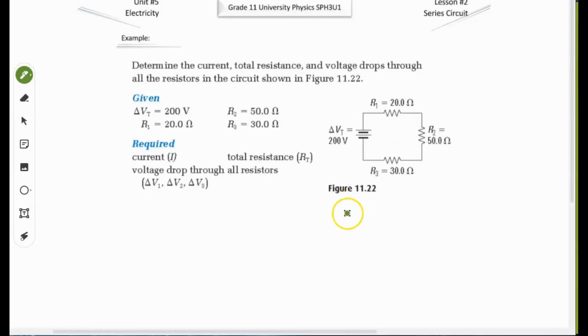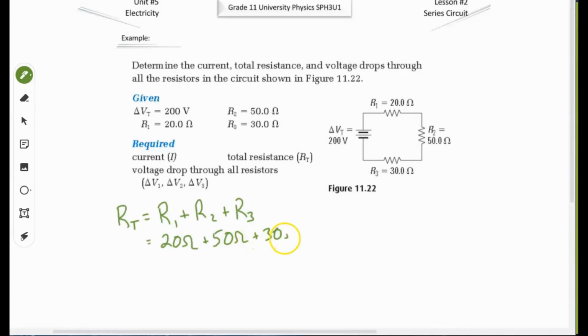Alright, so first thing, we can figure out total resistance. Because total resistance is just the sum of all the resistors in series. So R1 plus R2 plus R3. Where in this case we have 20 ohms plus 50 ohms plus 30 ohms.